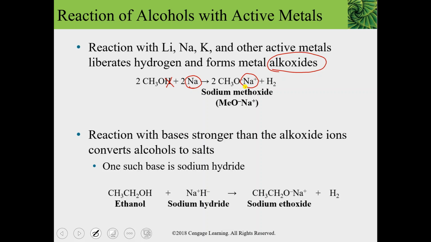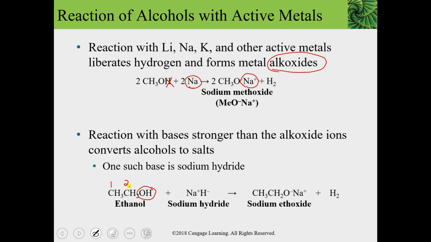When we react with bases that are stronger than the alkoxide ions, then the alkoxide ions will convert alcohols down to salts. So if we start with an ethanol, we know it's an ethanol because it's a 2 carbon chain with the hydroxyl on it. Let's say we used sodium hydride, which is a pretty strong base.